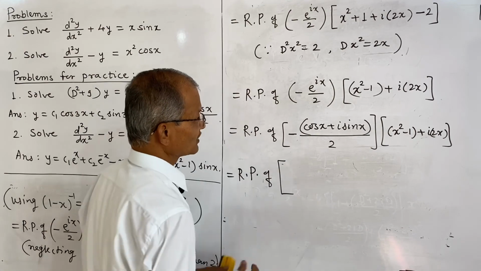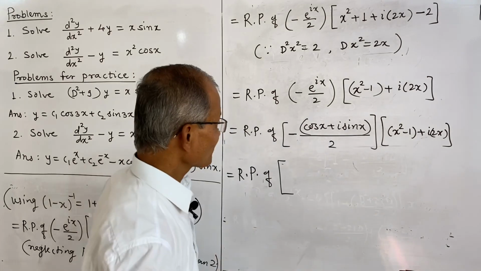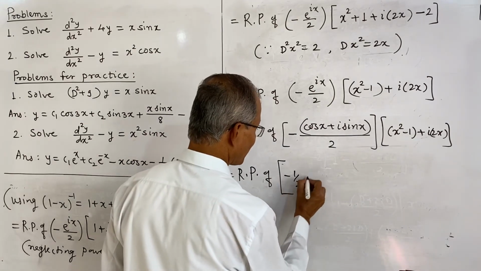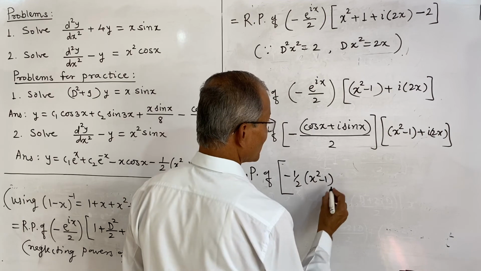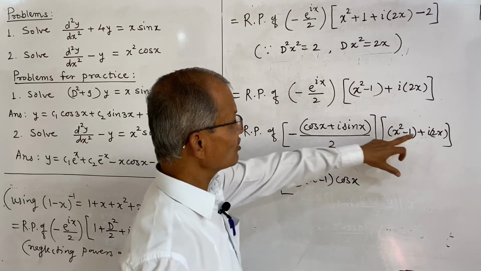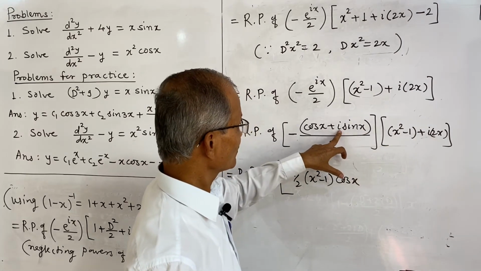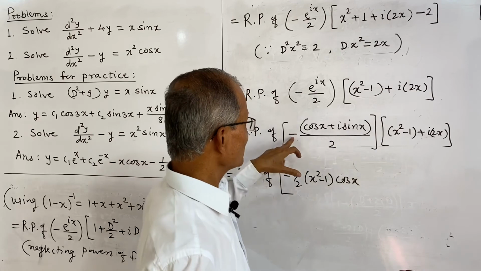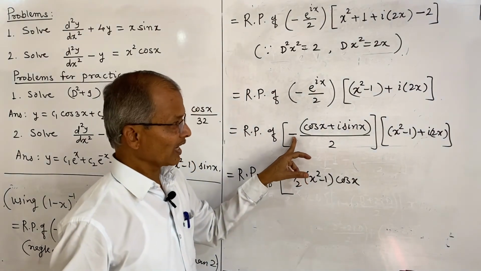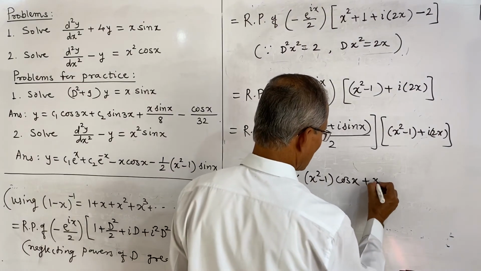The expression is minus half x multiplied by x square minus 1. So that is minus half x square minus 1 into cos x, and again I into I is minus 1, and that will be minus 2, and this minus 1 by 2 cancels. So it is plus x sin x.